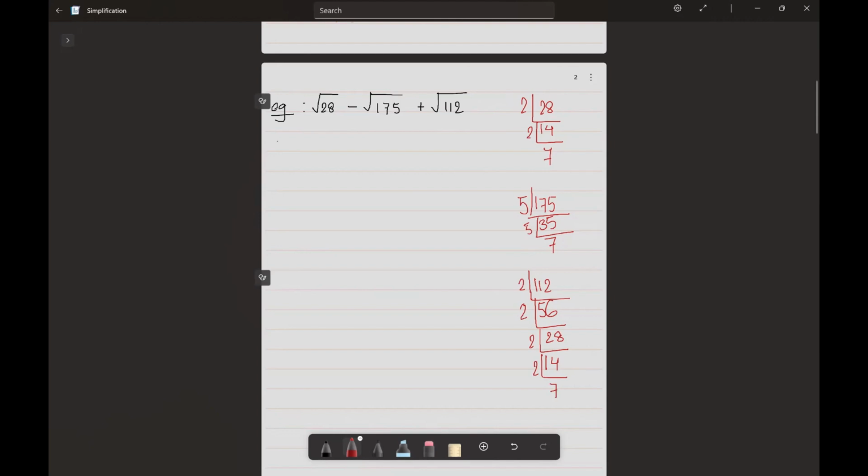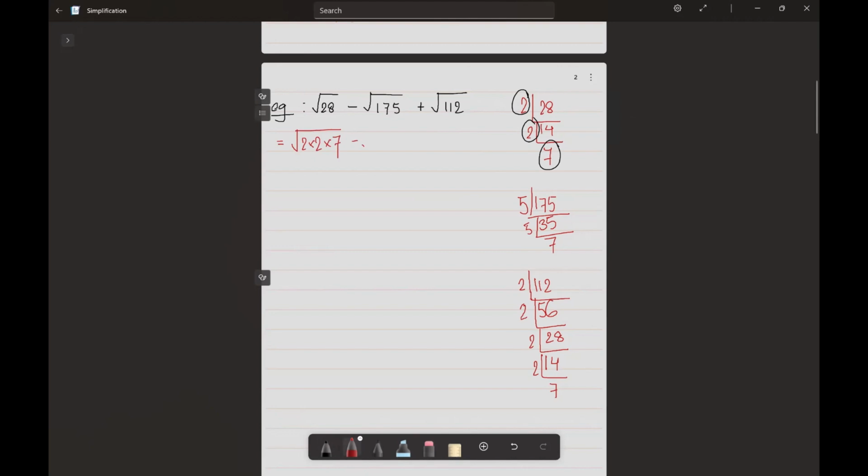Now for 28, what did we see in here? We got 28 by multiplication of 2, 2, and 7. So we will write that in here. We know 28 is a product of 2 and 2 and 7, 2 2s and 1 7.